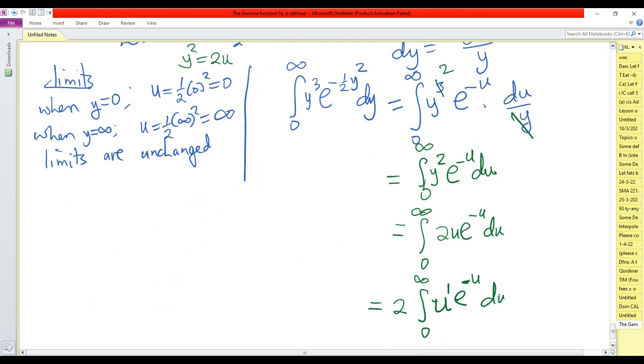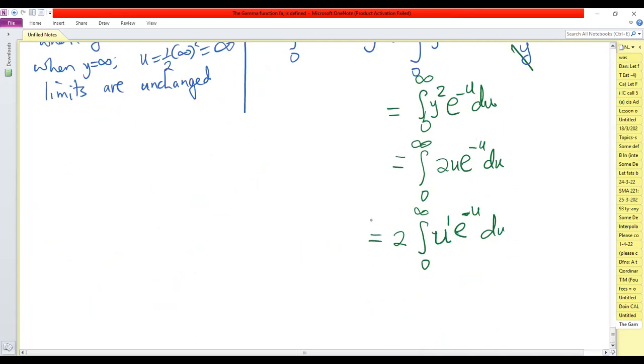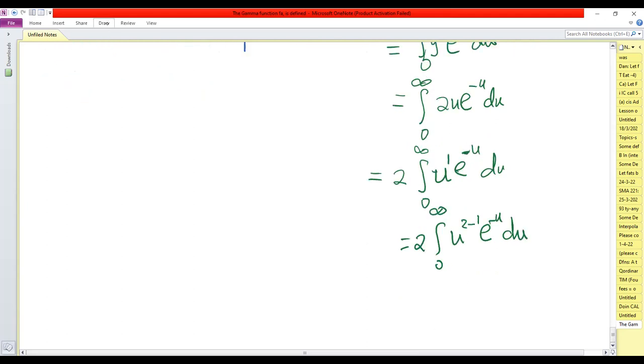Now, because the limits are as per the definition of the gamma function, and the power of the exponential is also in the correct format, we only now write the power as n minus 1. So it is the same as 2 times the integral from 0 to infinity of u raised power 2 minus 1, e raised power negative u, du. By doing that, we have the structure of the gamma function, which is the definition of gamma of 2.